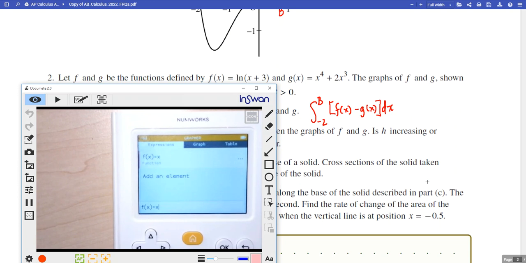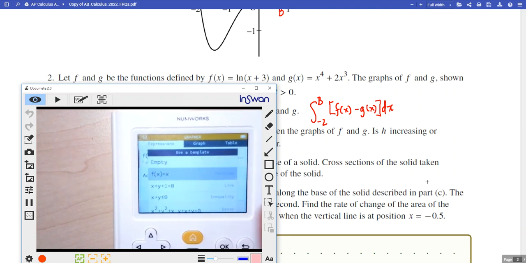Natural log of x plus 3, so I'll have the natural log of the quantity x plus 3 inside the parentheses. Next function is going to be x to the 4th power plus 2x cubed.